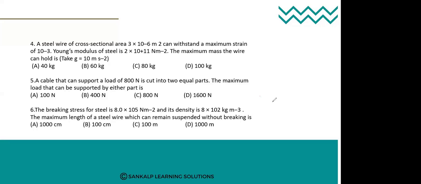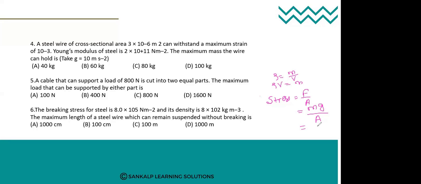So here, stress is equal to force upon area, right? So force is equal to mass into acceleration, upon A. Then next, here the density concept is given. Therefore, density is equal to mass per unit volume. So mass is equal to density into volume, right?